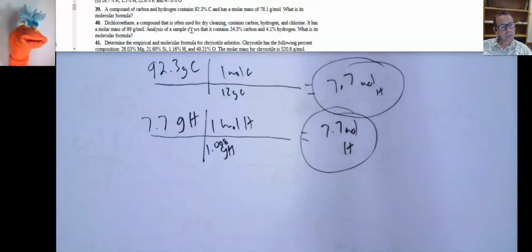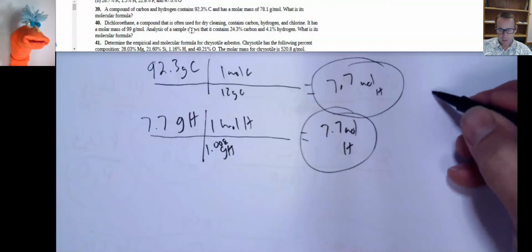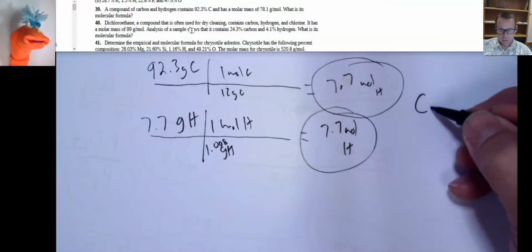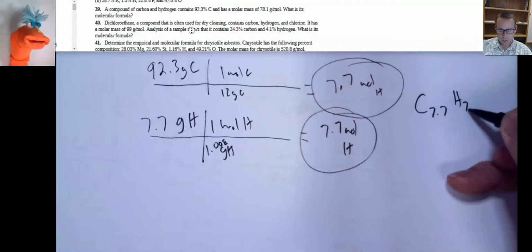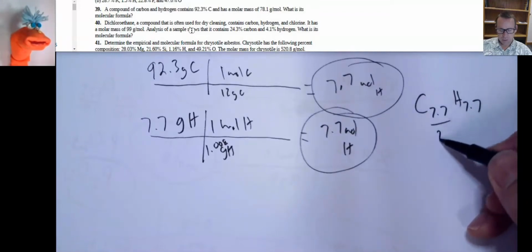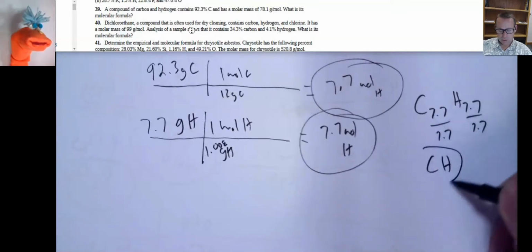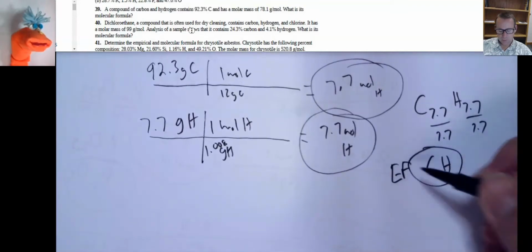That's right. So the empirical formula is C 7.7, H 7.7. Then you divide by the smallest, right? So it's CH.